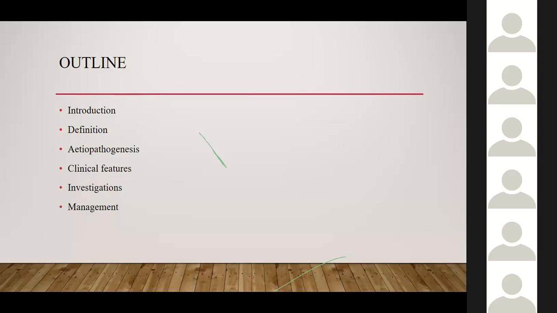However, if you haven't done your culture and sensitivity and you are asking what is the empiric antibiotic of choice while waiting, usually we go for the cephalosporins instead of the fluoroquinolones. Okay, thank you. You're welcome.